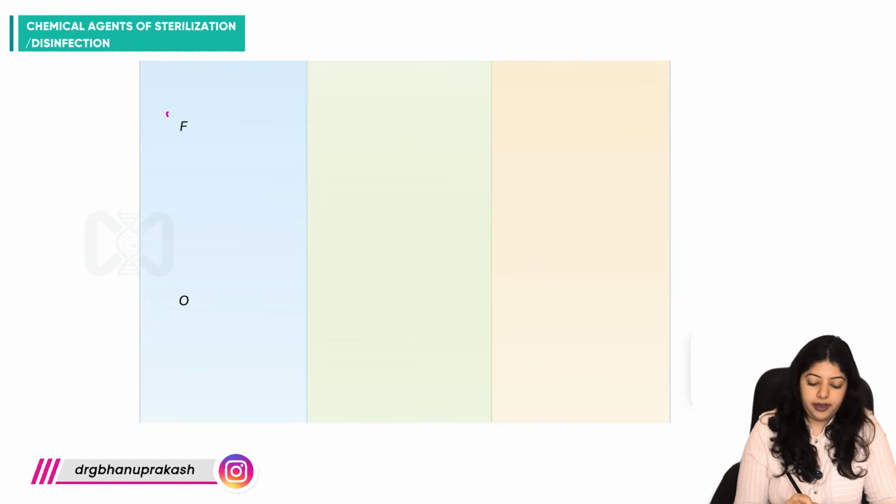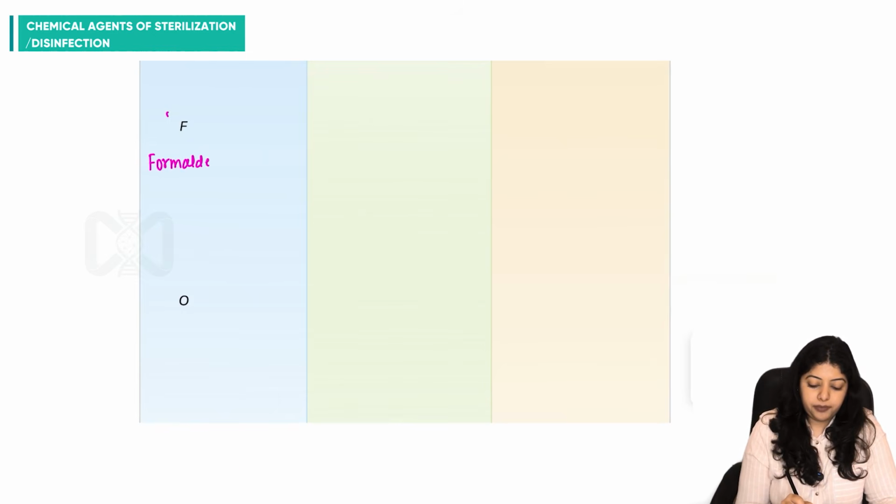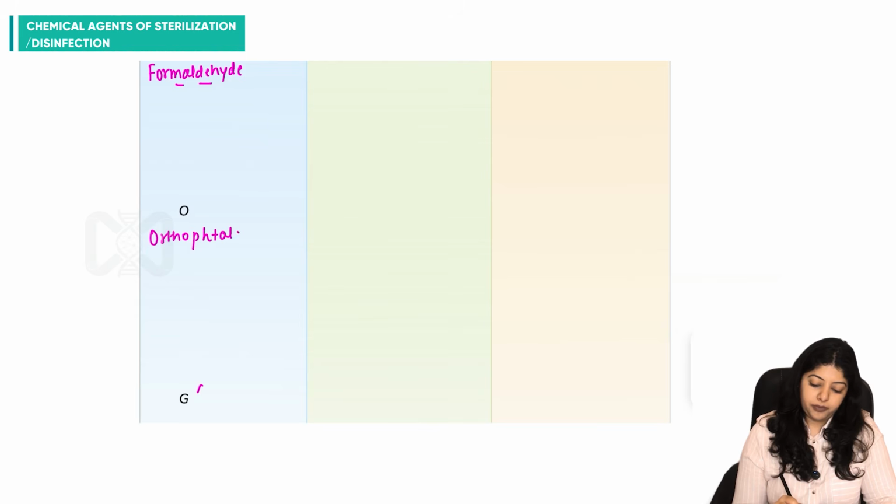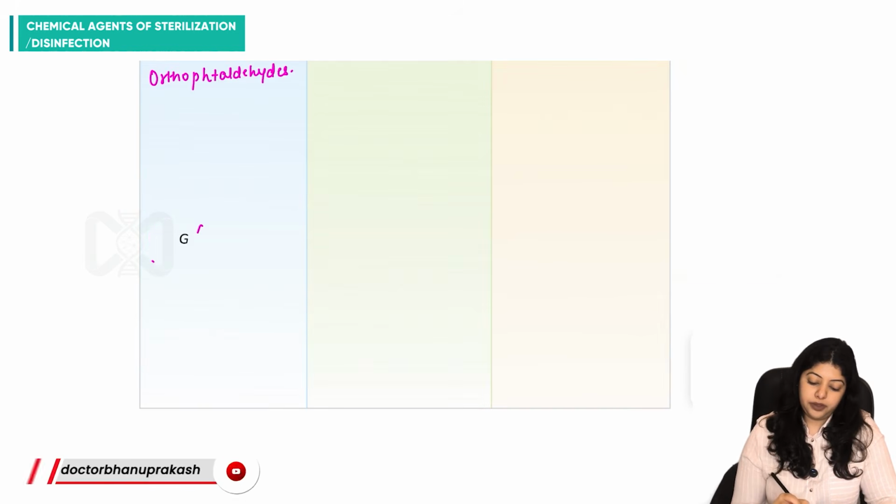So for F, we have formaldehyde. And with O, we have orthophthaldehyde. And with G, we have glutaraldehyde.